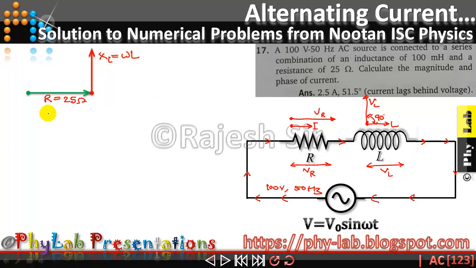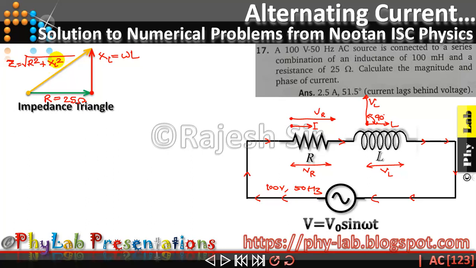The vector combination of this resistance and reactance, which you have learned in the phasor diagram in our theory classes, becomes my impedance Z, which is equal to the square root of R square plus XL square, and it represents the impedance of the circuit. This is what is known as the impedance triangle.